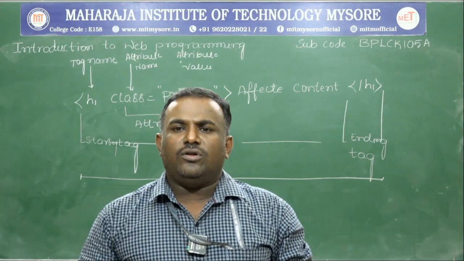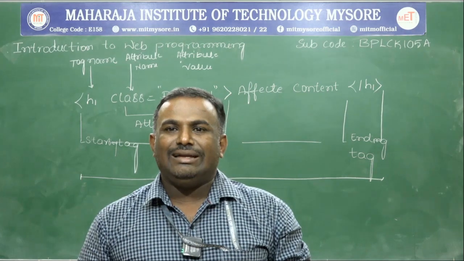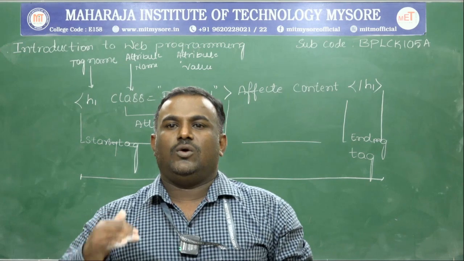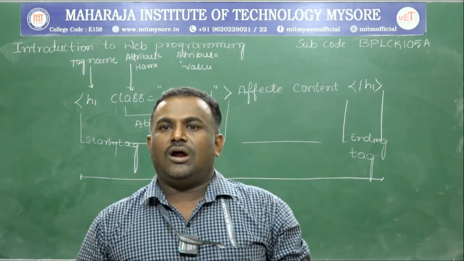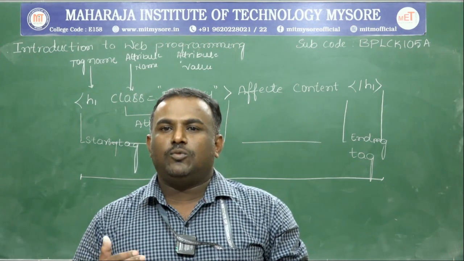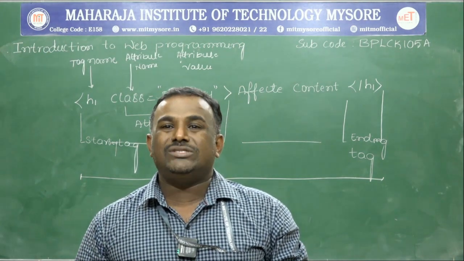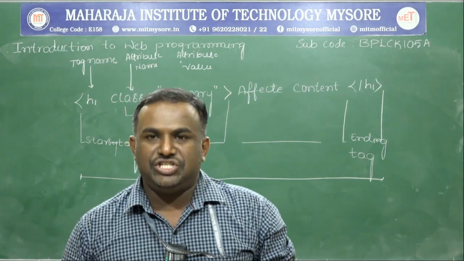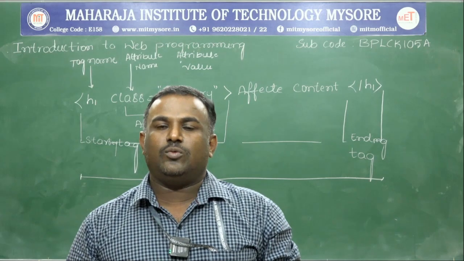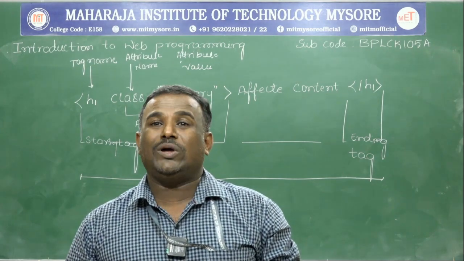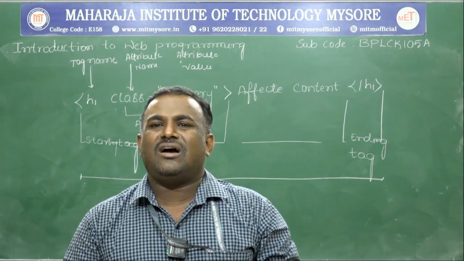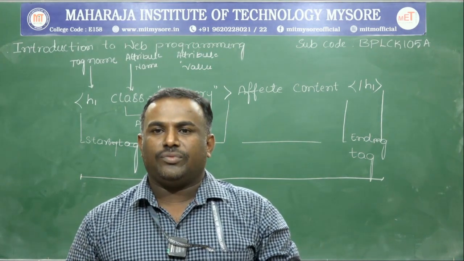This fourth module completely deals with how to create the table on the web page and how to decorate the various attributes of the table by using the cascading style sheet, and how to create the links on the web page, and how to create the image on the web page. This is the content of module 4.